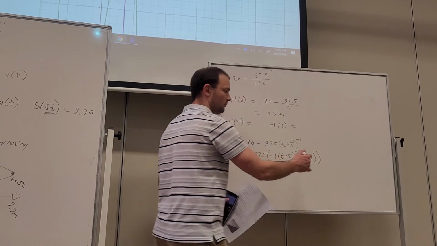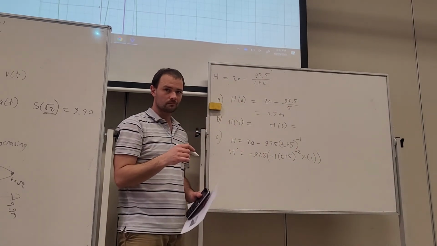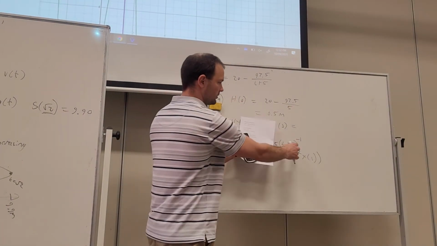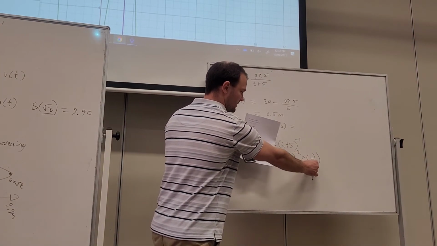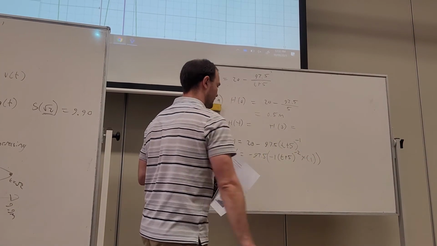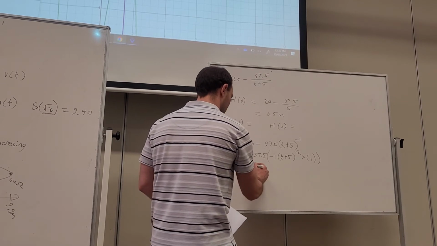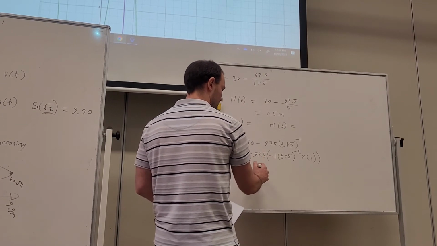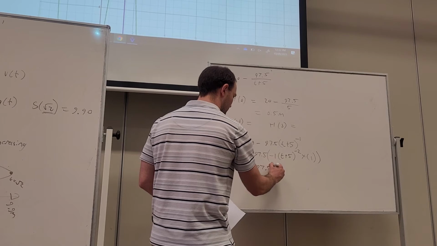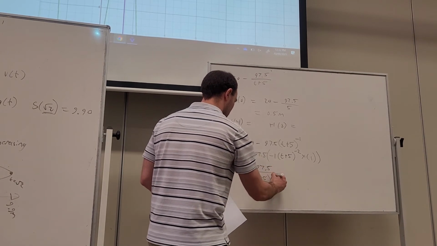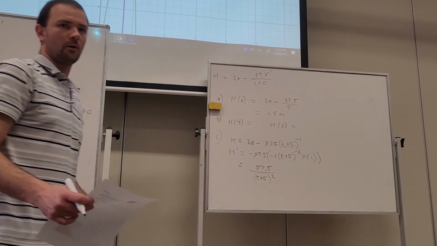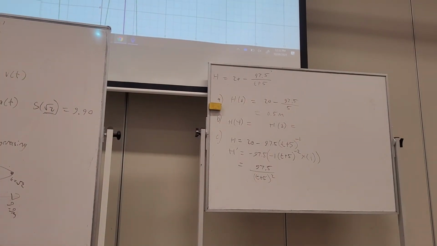So that's a chain rule. We'll simplify that a bit. We've got two negatives, so it's going to be positive, 97.5 on top of t plus 5 squared. That's going to be the rate of change for any value of time.